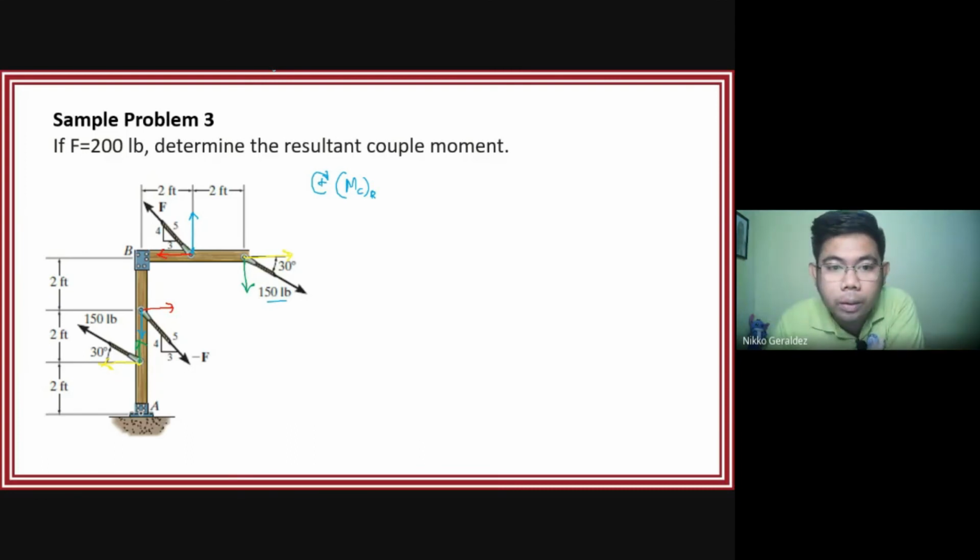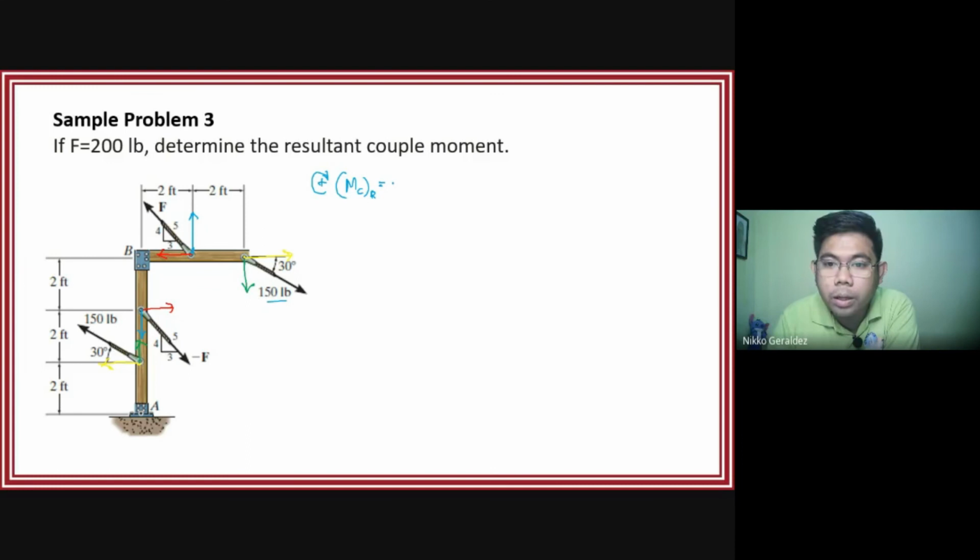Una, yung X component ng 200 pounds, itong red. Ano ang direction ng couple na yun? Itong red arrows, clockwise, counterclockwise? Counterclockwise, so that is negative.